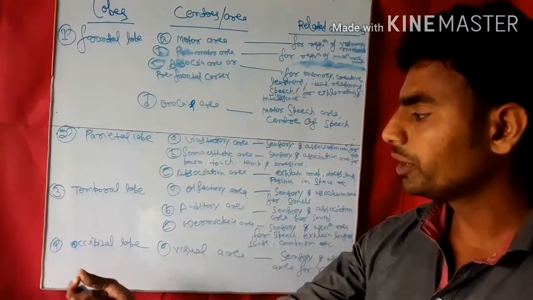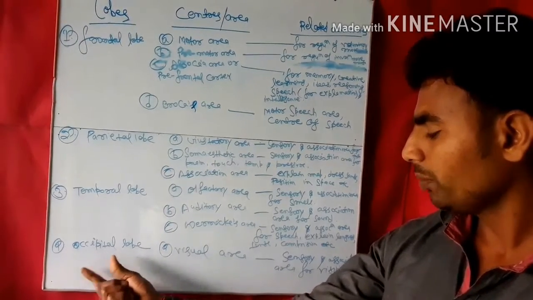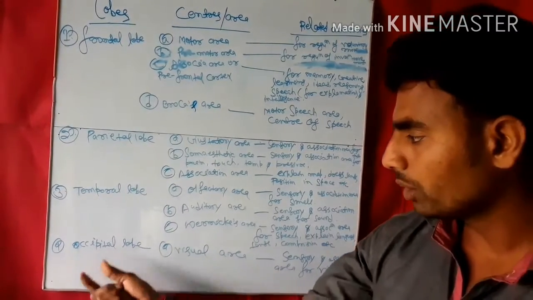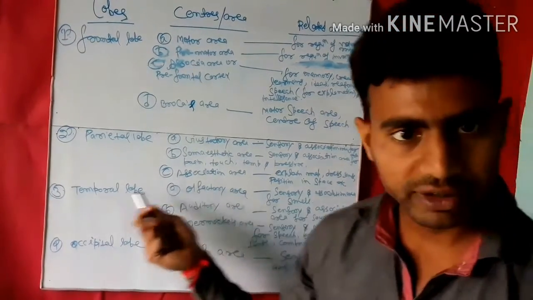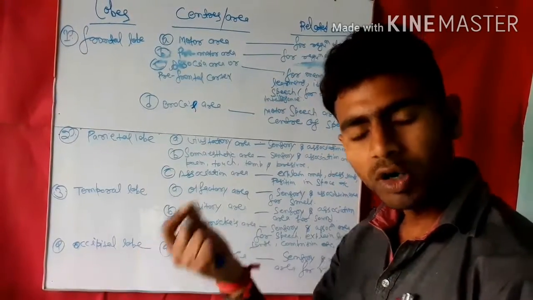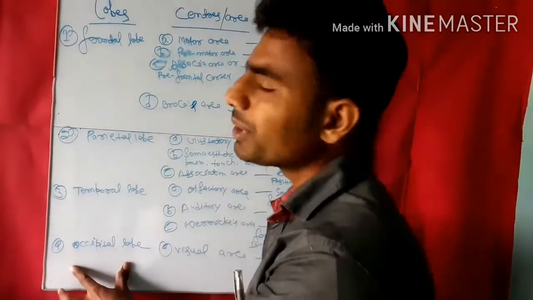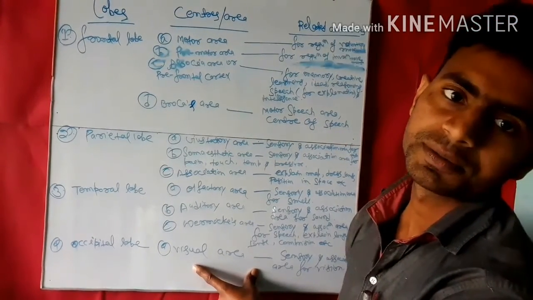Fourth, that is the occipital lobe. From the word occipital you can understand that it is for vision, just as olfactory is for smell and occipital for vision. In the occipital lobe, the visual area is present.